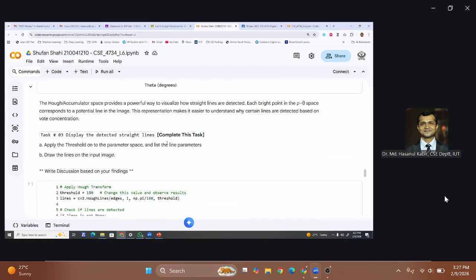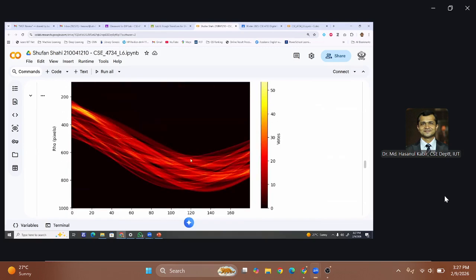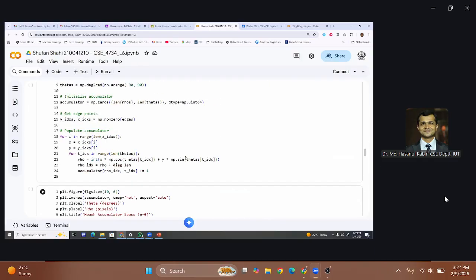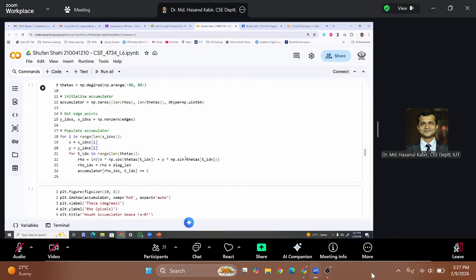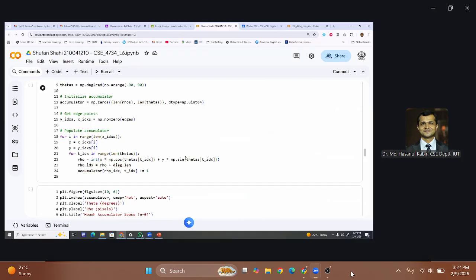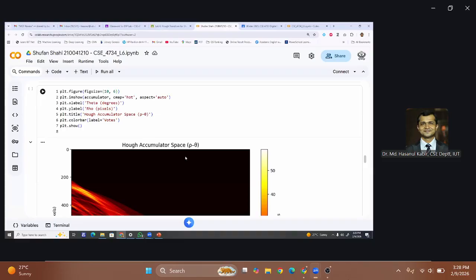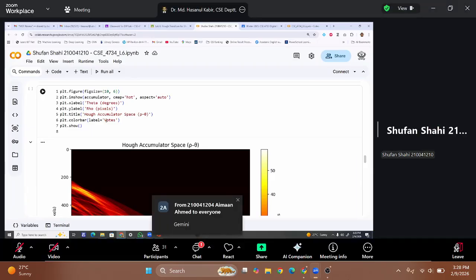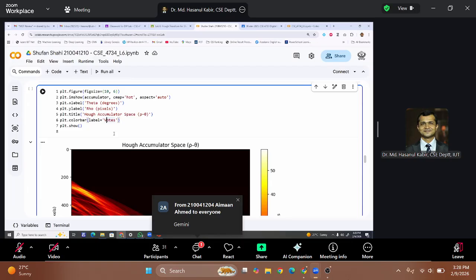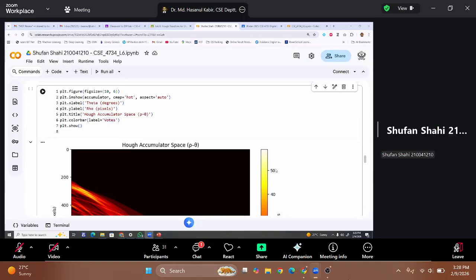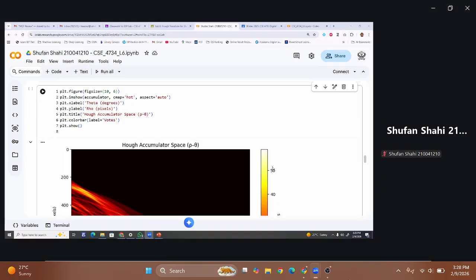I can see you have implemented the display of the Hough transform. Did you do it by yourself, or did Gemini do it for you? Sir, I took some help from the AI. Some help or almost all help? Mostly it was done by AI.